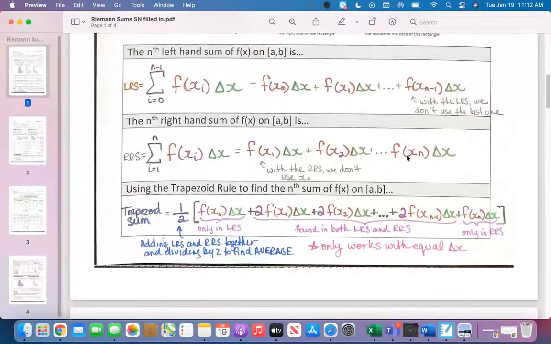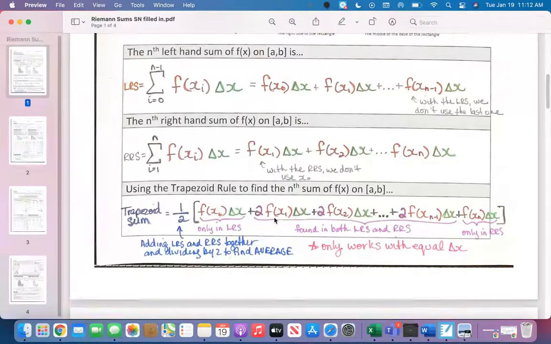However, the f at xn times delta x only shows up in the second formula for the right Riemann sum. So f at x naught delta x only shows up in the left Riemann sum. Everything in between shows up in both formulas, so I've got to count them twice. And the f at xn only shows up in the right Riemann sum, so I only write it once.